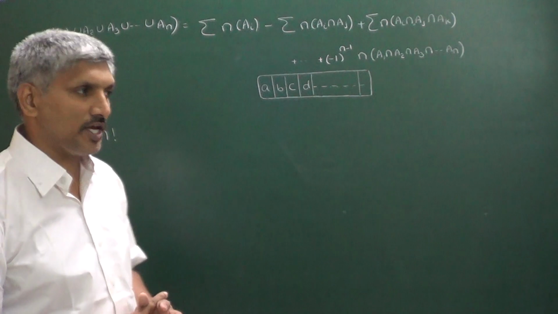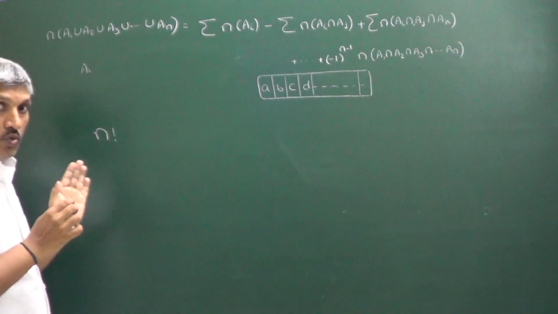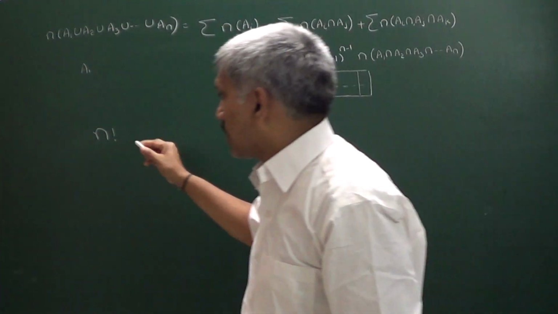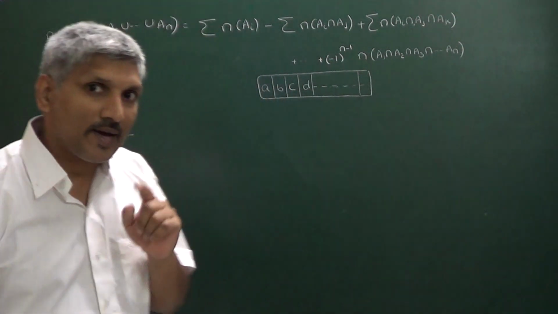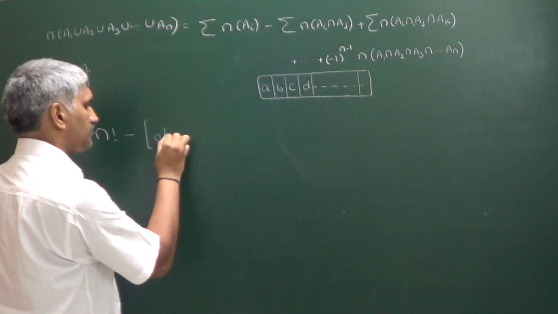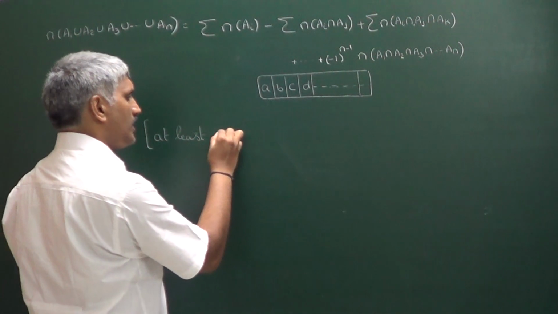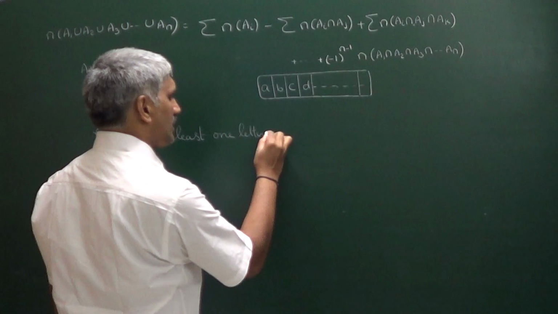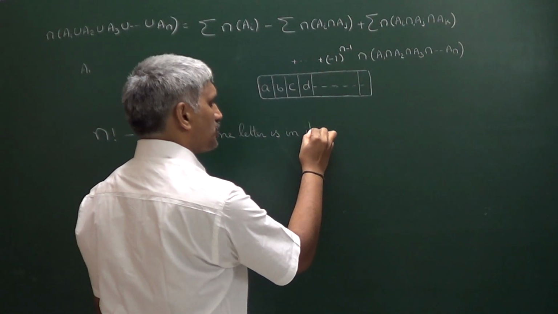Now the main idea behind this problem is: total number of arrangements minus the arrangements in which at least one letter is in its original position.